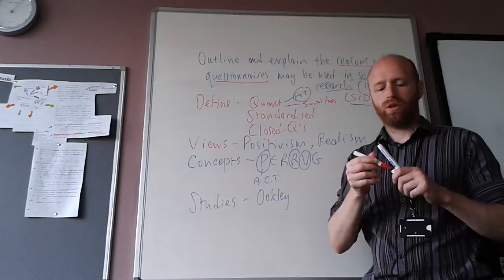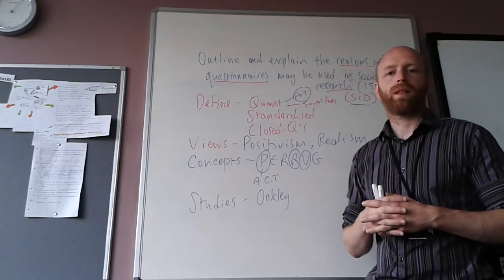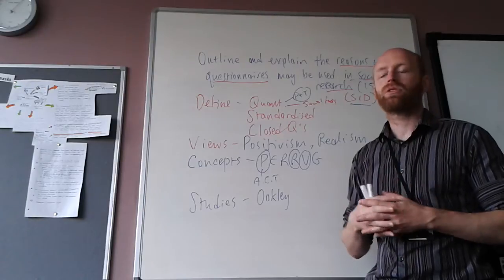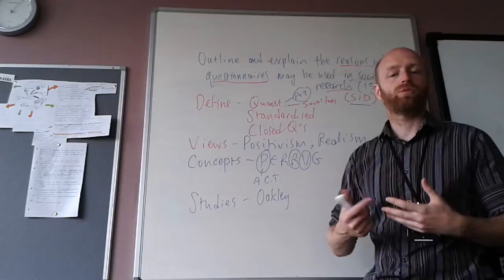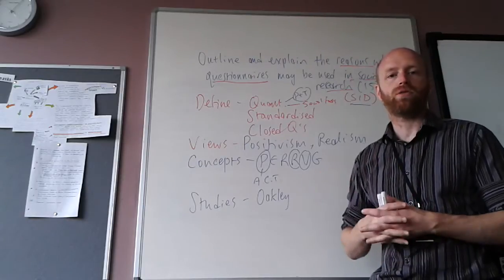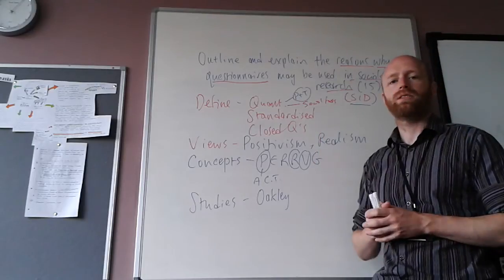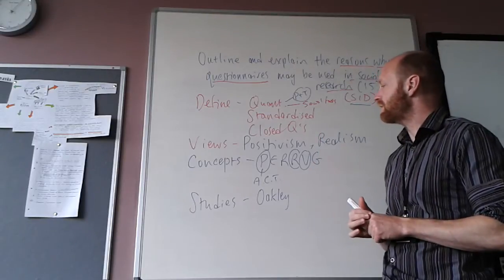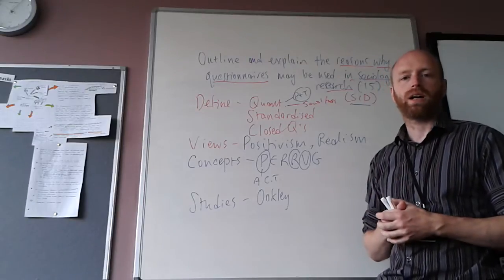and therefore having an accurate measurement of a phenomenon which can be used to establish laws and make predictions about future behaviour of human beings. Positivists say this is possible because questionnaires offer data that's higher in reliability, so it's easier to replicate data.